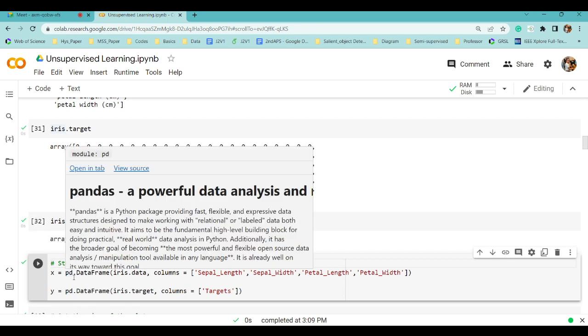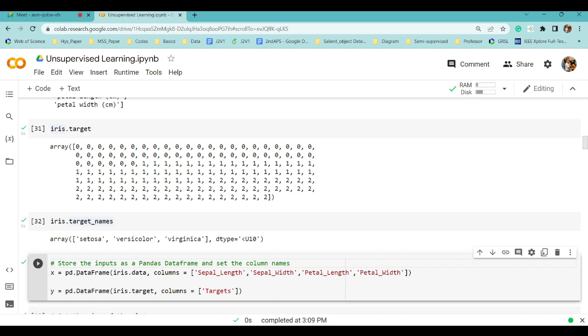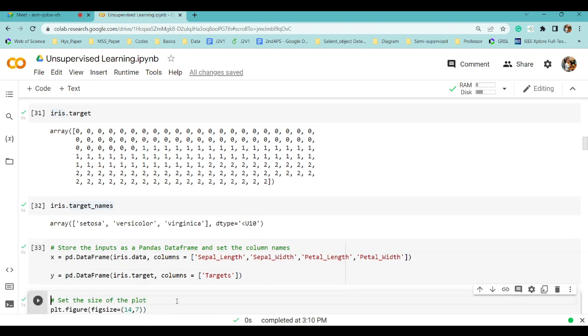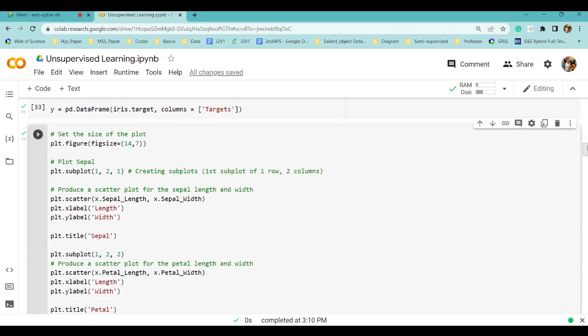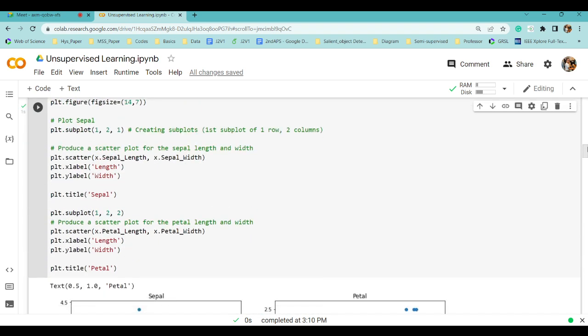Now I need to put this in the form of a data frame. So I'm calling pandas, pd.DataFrame, where I'm passing my features or attributes, and for y I'm giving my targets. Now I need to draw a plot to see the scatter plot of sepal length and sepal width, and petal length and petal width.